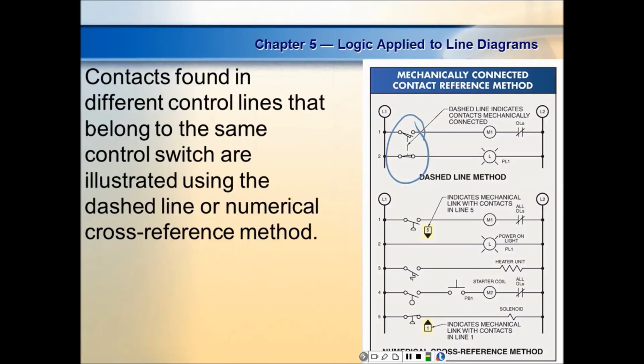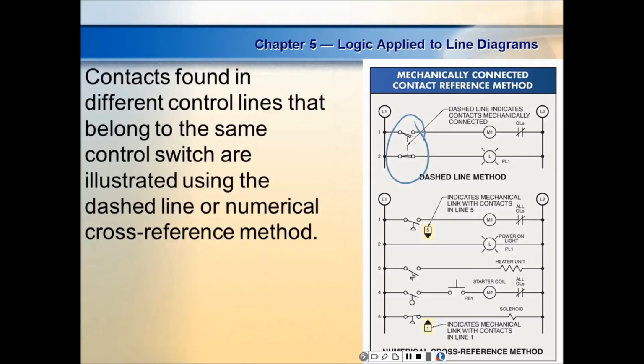Now the problem is that little dash line works out great if the 2 devices are in consecutive line numbers. But those 2 devices that are mechanically connected do not have to be in consecutive line numbers. So they had to come up with a way for when we couldn't put the control devices in consecutive line numbers.